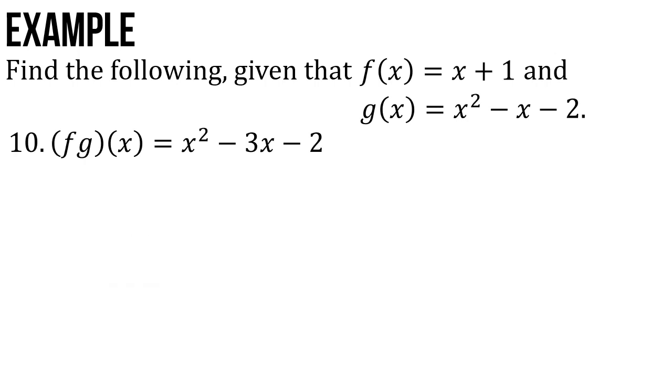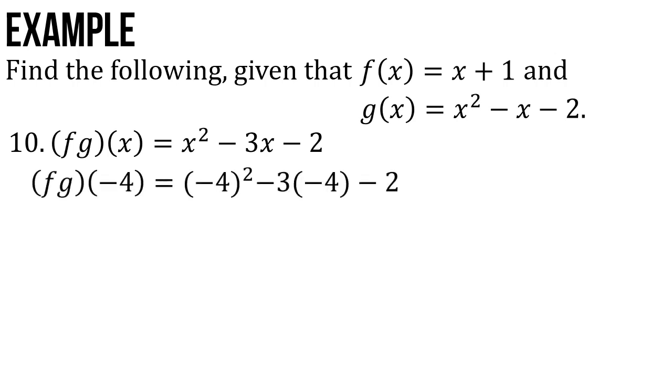For number 10, just like the previous item, we have already obtained the value of f times g of x, which is x squared minus 3x minus 2. So if x is equal to negative 4, what is f times g of x? So we're going to have f times g of negative 4 is equal to negative 4 squared minus 3 times negative 4 minus 2.